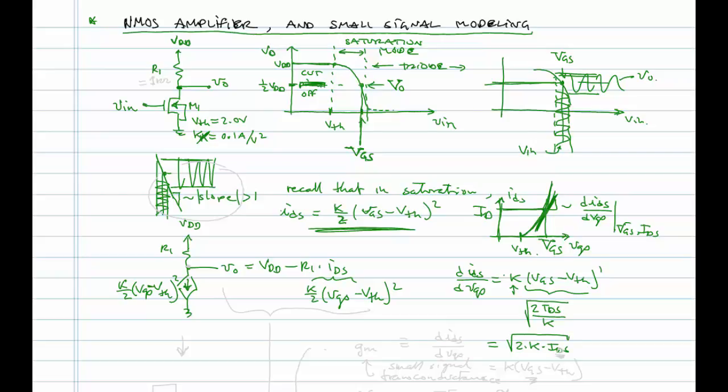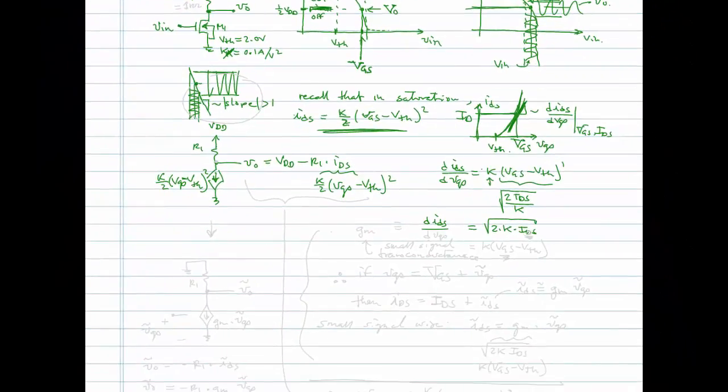So that's an equivalent form. The slope of the curve is the square root of 2K IDS, and it's also equal to K times (VGS minus V threshold).